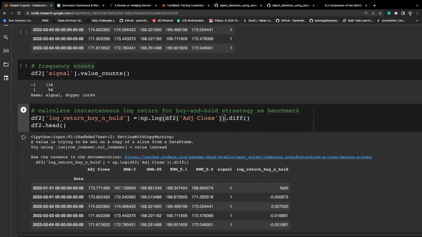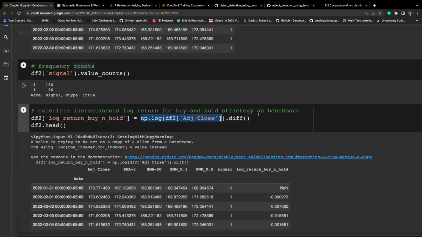So what happens is that we first convert it to the logarithmic form and then take the difference, which means that the two quantities in log form, when they minus each other, is equivalent to dividing the original adjusted closing prices and then taking the logarithmic transformation.